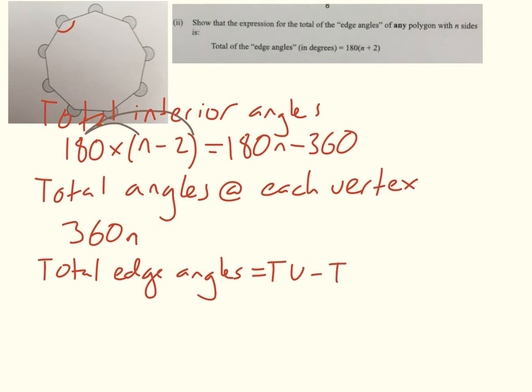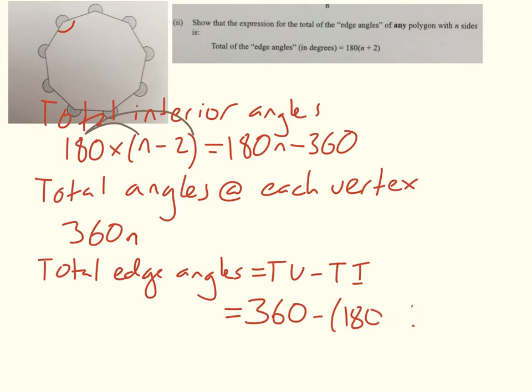TI, which in this case will equal, what's TV? TV is 360n, and I'm going to minus TI, and so TI is that there. So I'm going to go minus bracket 180n minus 360. Let's do that again.